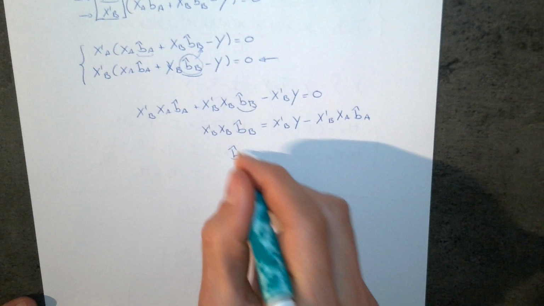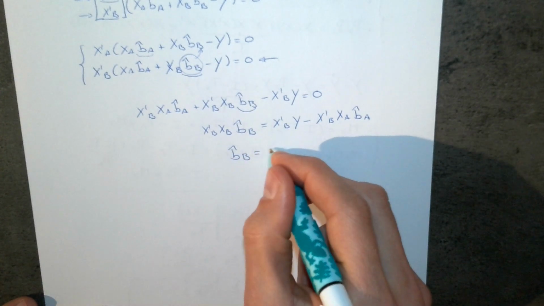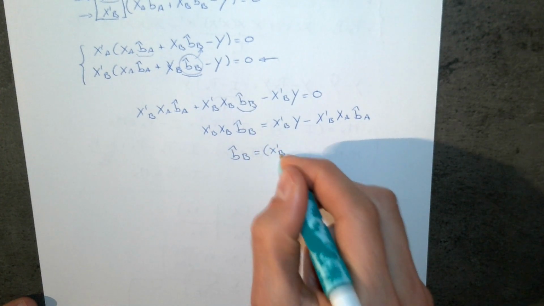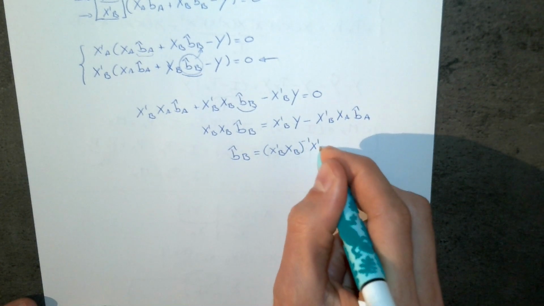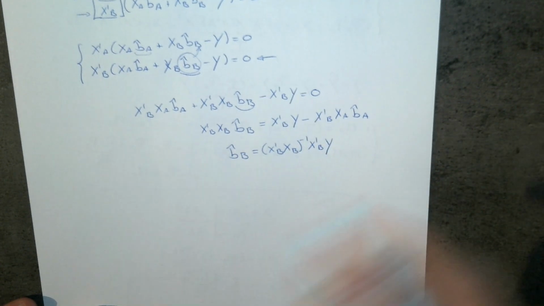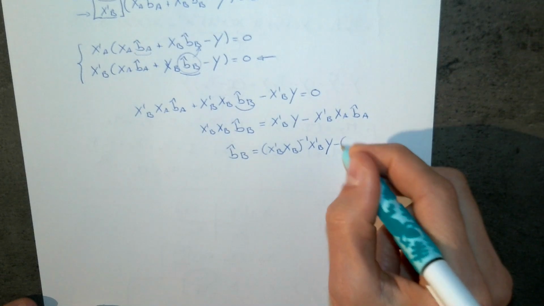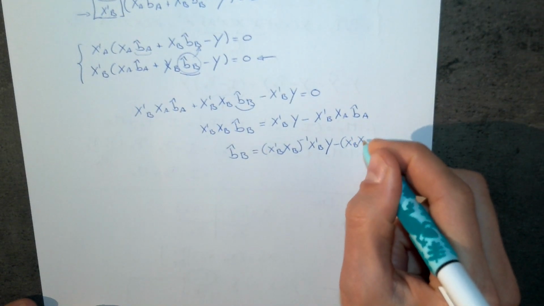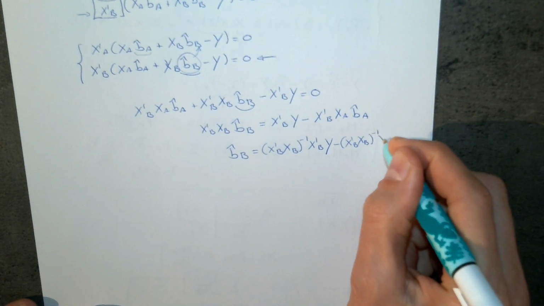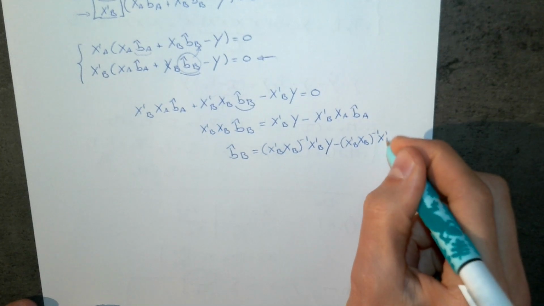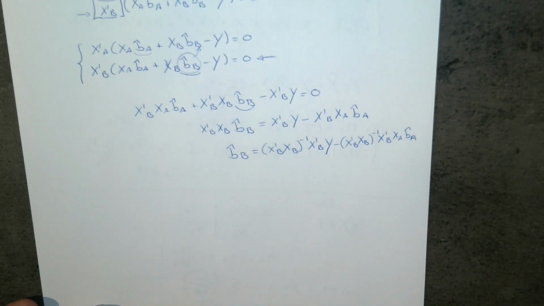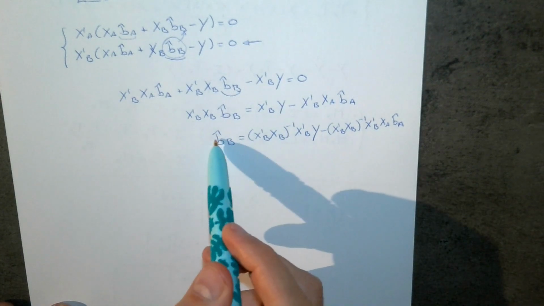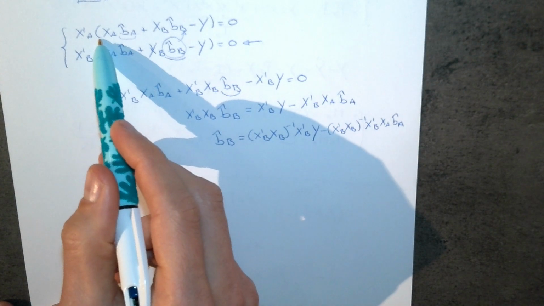Here we get b hat b is equal to (x prime b xb) inverse x prime b y minus (x prime b xb) inverse x prime b xa b hat a. Okay, very nice. And now we're going to substitute this into the first equation.